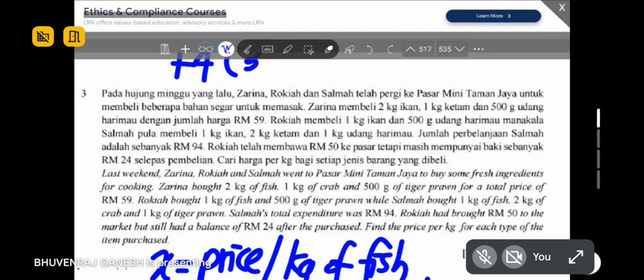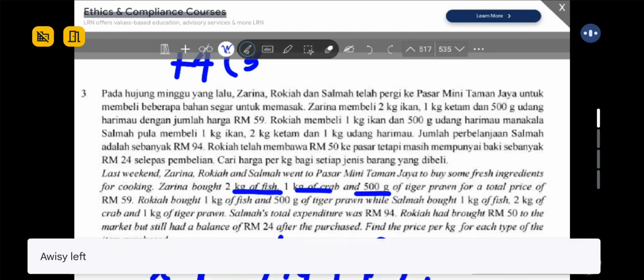Wait, let me see. Bought RM50 to the market, but still had balance. You're talking for which one? Oh, 59. Okay. So for the 59 one. Okay, that one correct already. Next one. Second equation. That one is your first one over here. This one done already. So now continue some more.